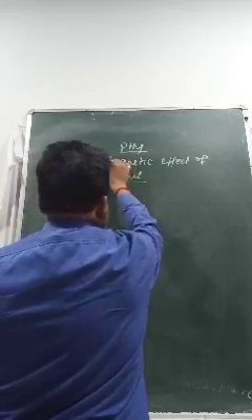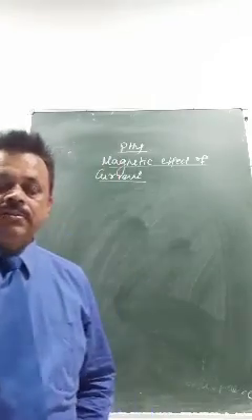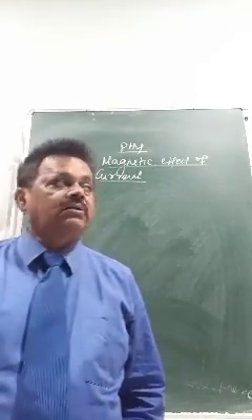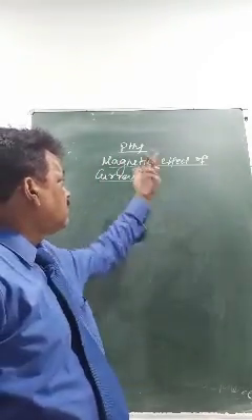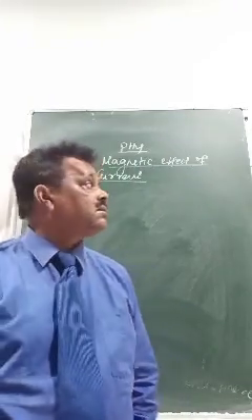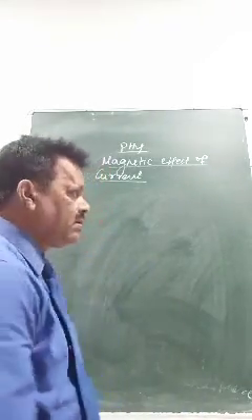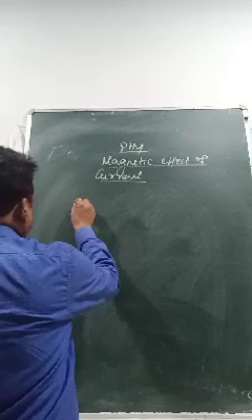When the current passes through a conductor, the magnetic effect is expected in that. So for that you understand what is called a magnet. First you see what is called a bar magnet.